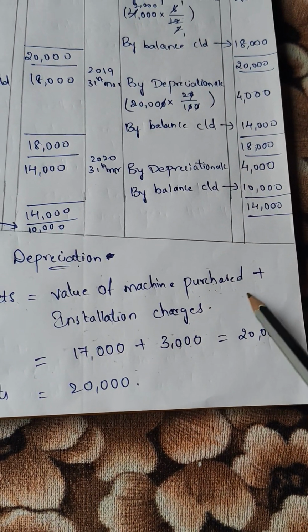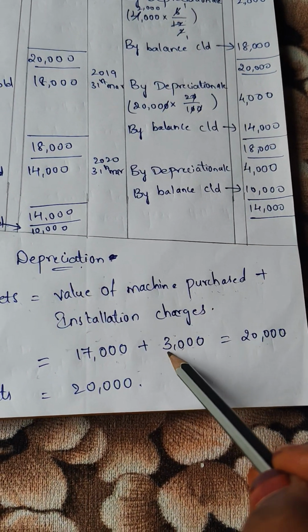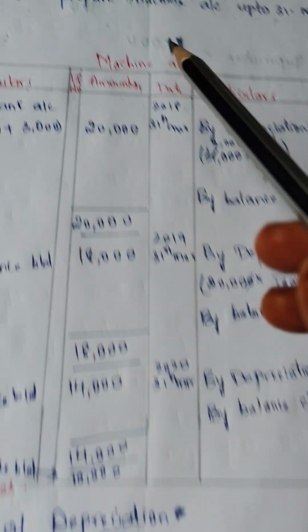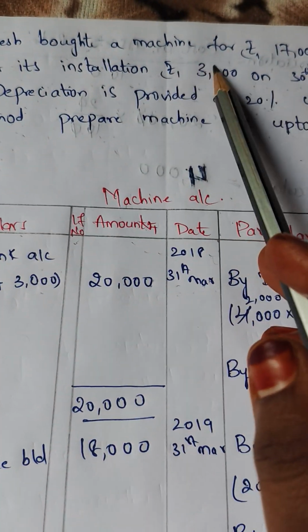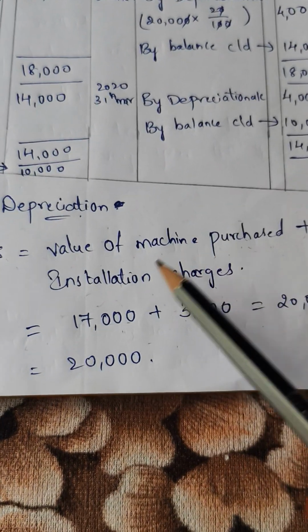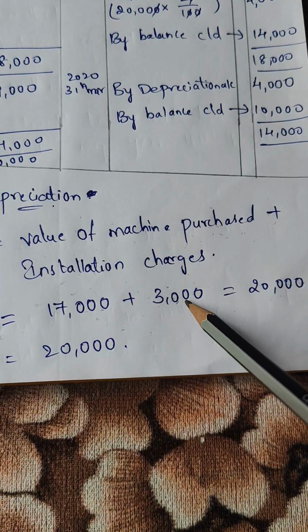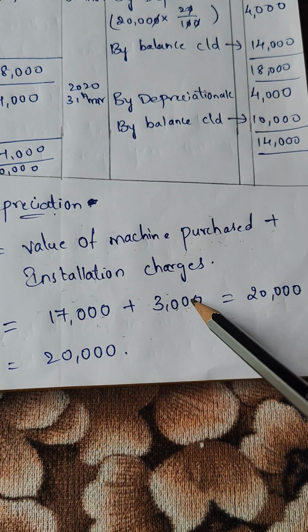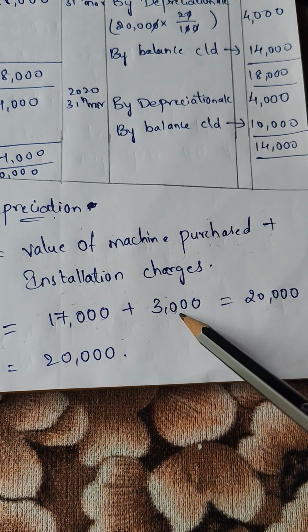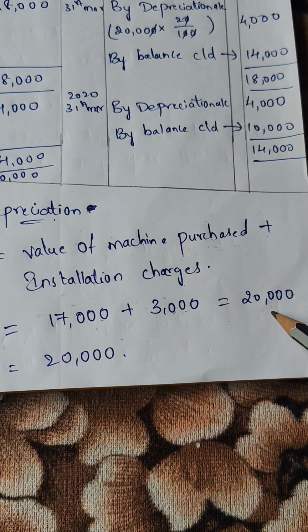Here plus is there, so we write plus. Next, installation charges he paid 3,000. So in the formula, installation charges is there. That's why we are writing 3,000 here. These two we are adding: 17,000 plus 3,000 equals 20,000.